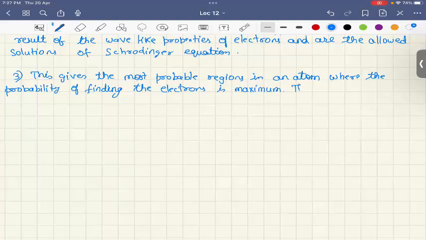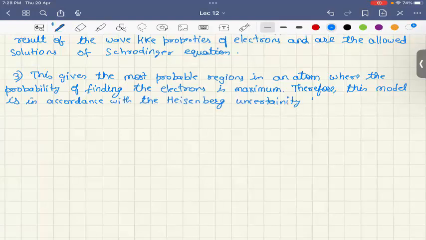Therefore, this model is in accordance with the Heisenberg uncertainty principle, right?